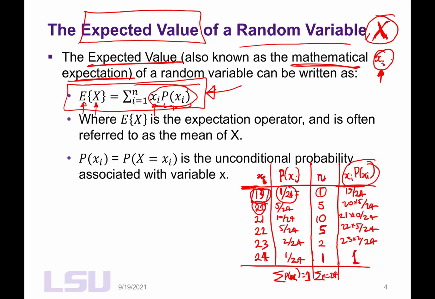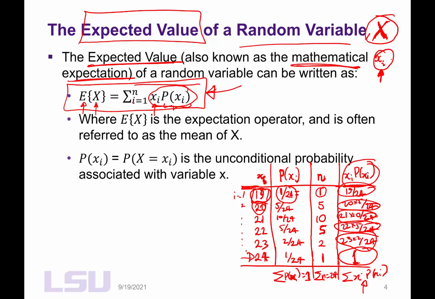Sum from item i equals 1 all the way to the last item, n. So you will add this to that, to this, to this, to this. Basically find that sum. This will be the sum of xi times p of xi. And that sum is your mathematical expectation.